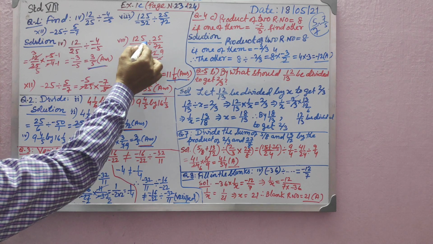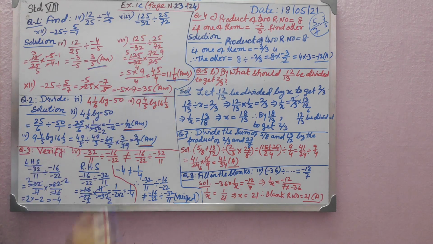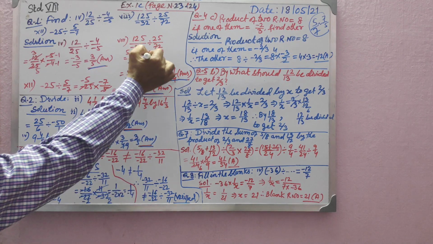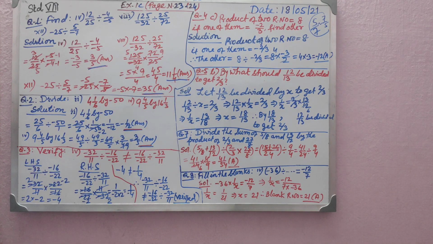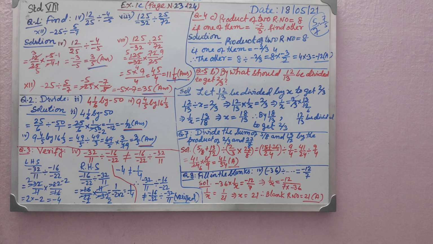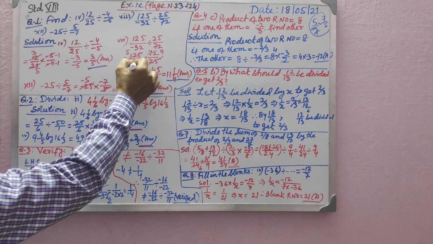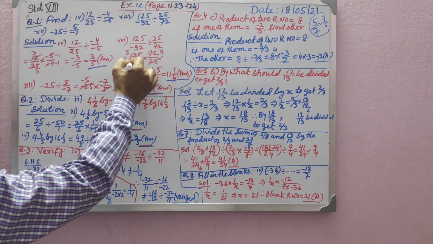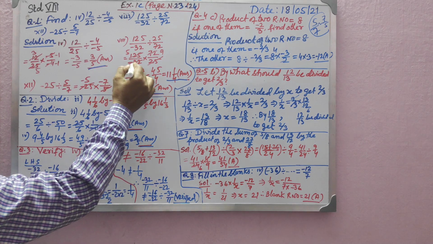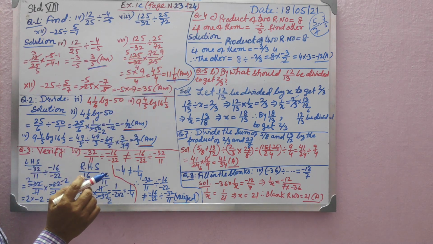Once again, the first operation for division is the reciprocal of the divisor fraction. That is what into 72 by 75, 25 you have done. 25 will go, 25 can divide 125, so it will become 5. 5 25s are 125. And this will have the common divisor 8, 4 8s are 32 and 9 8s are 72.